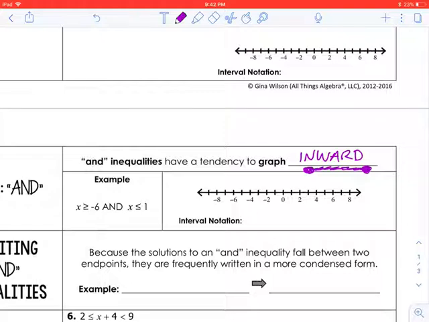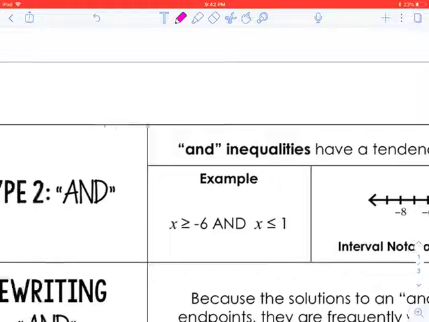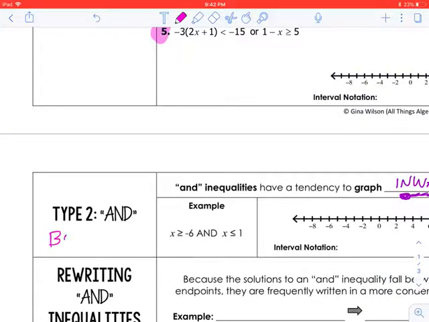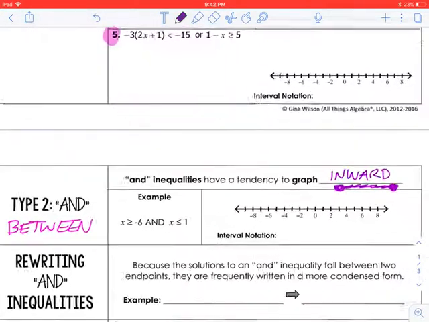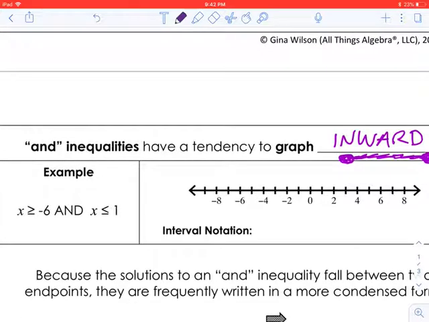Okay, so when you're doing "and" inequalities, you want to think between the two numbers. Okay, so in this case, I've got x is greater than or equal to -6, so that's a closed circle going to the right, and then x is less than or equal to 1, so it's a closed circle going to the left.